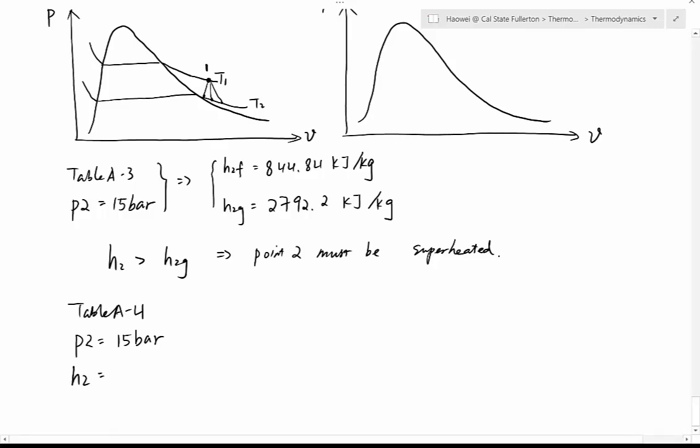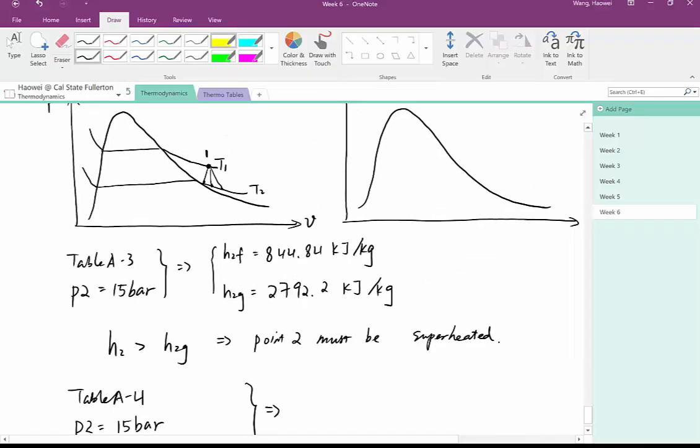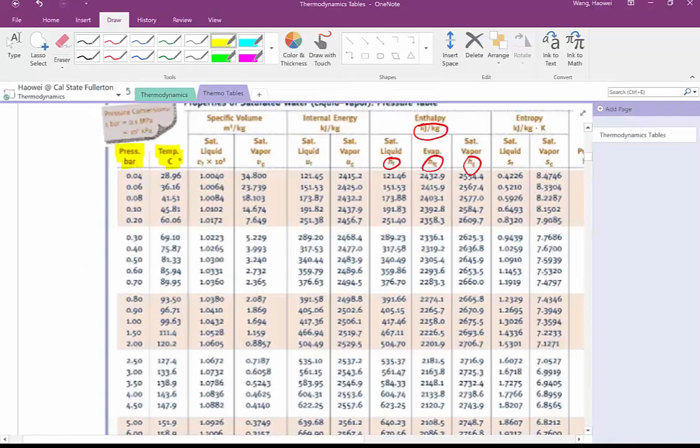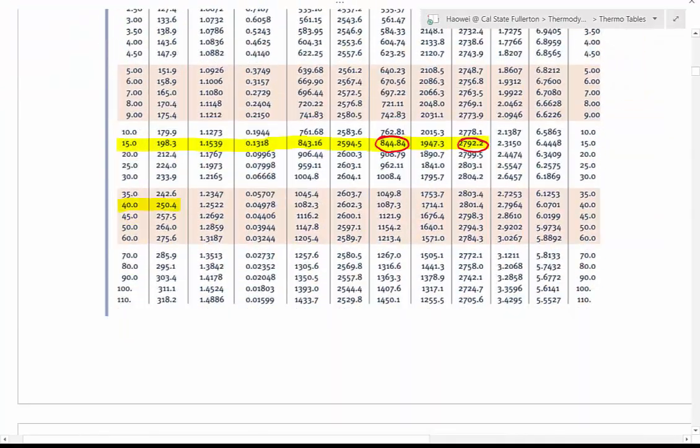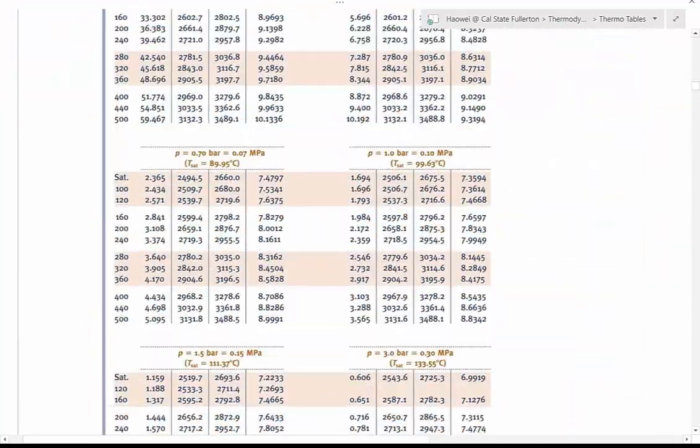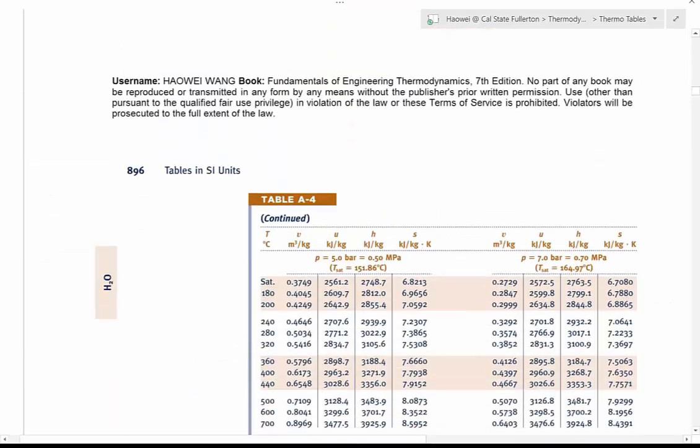We found H2, and that is 2992.5 kilojoule per kilogram. And from here, we can look for the corresponding nu. Alright, so now let's go to the table. Table A4 this time. And the pressure we know is 15 bar. So we go to 15 bar.